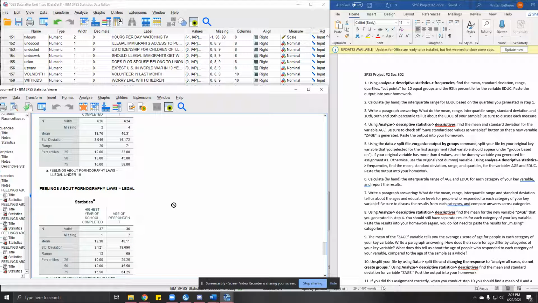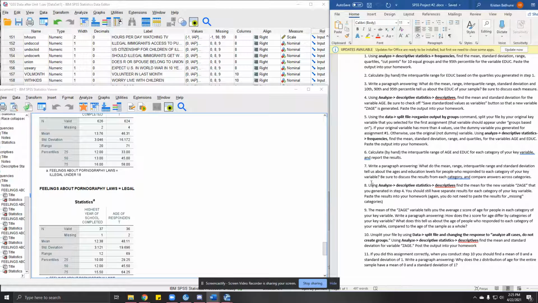A lot of you were really good at telling me what a standard deviation is, or what a range means, or what the mean tells us, but you weren't using it in terms of the variable, and what this actually means for what we're looking at. What does it tell us if people who think one thing have a higher education than people who think a different thing about the same topic? So again, I'm looking for you to really interpret this information.